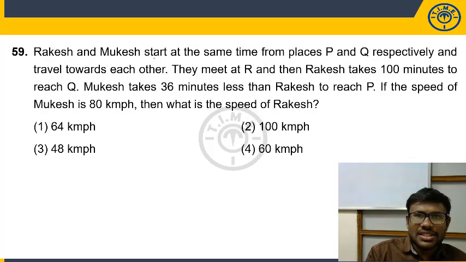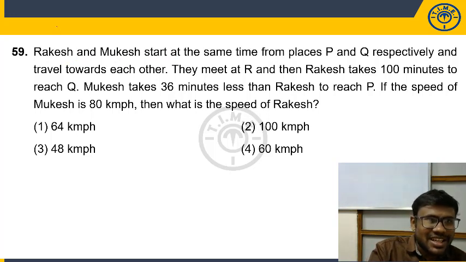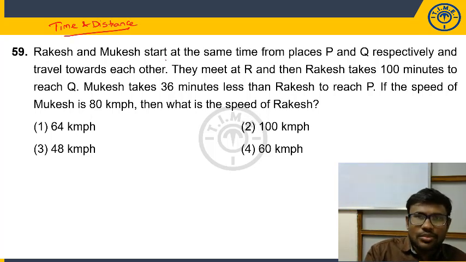So Rakesh and Mukesh start at the same time. So it is time and distance. Rakesh and Mukesh start at the same time from places P and Q respectively and travel towards each other.